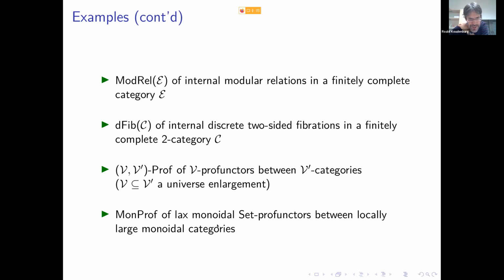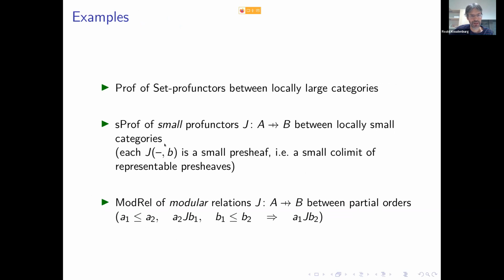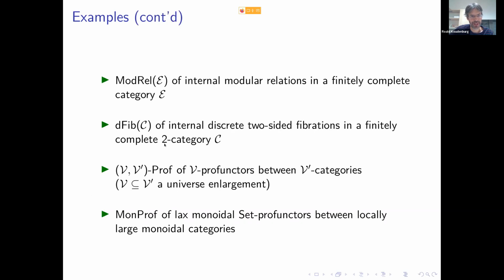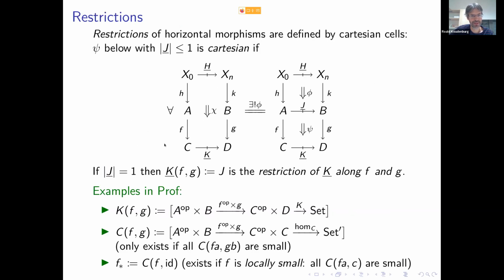We also have algebraic variants, MonProf of Lex monoidal set pro functors between locally large monoidal categories. So then we consider monoidal structure on the categories and the pro functors. Okay, so that's the definition and examples of augmented virtual double categories.